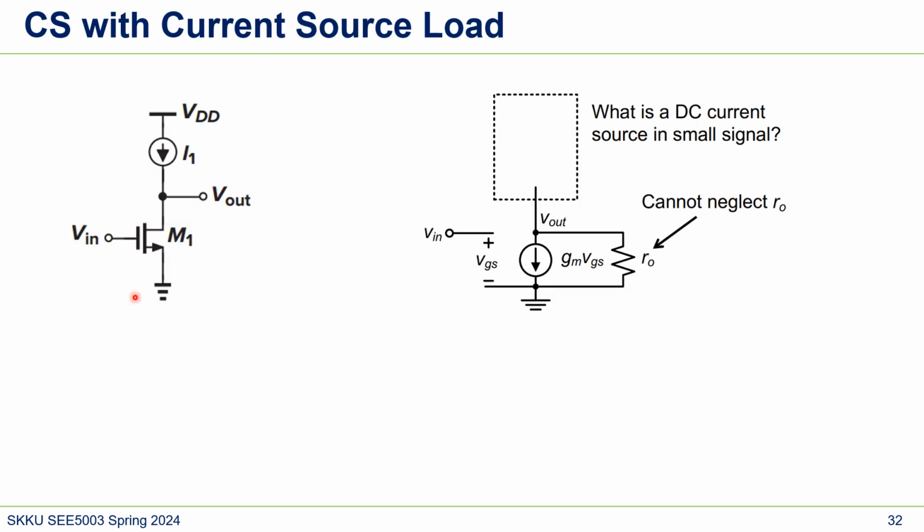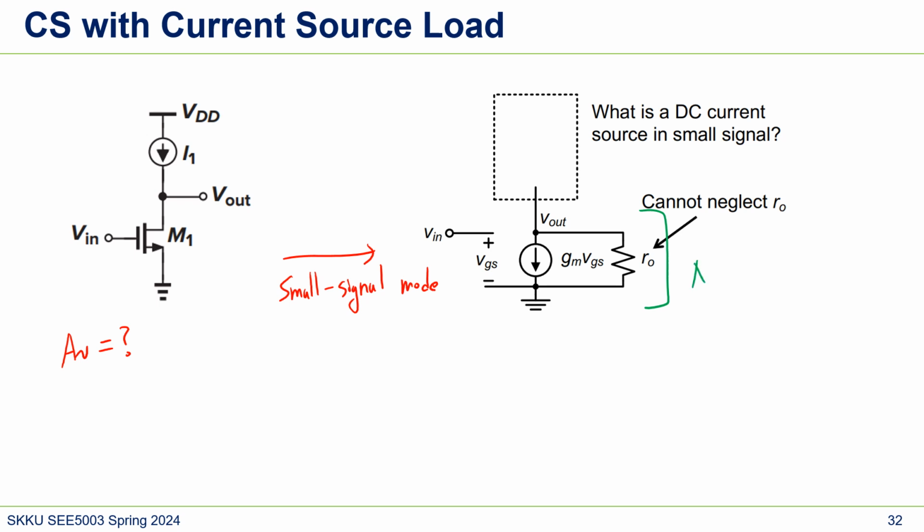This schematic shows our common source amplifier with current source load. Okay. Now we need to calculate gain, right? To do so, let's use a small signal model. Well, we know how to change the NMOS, right?